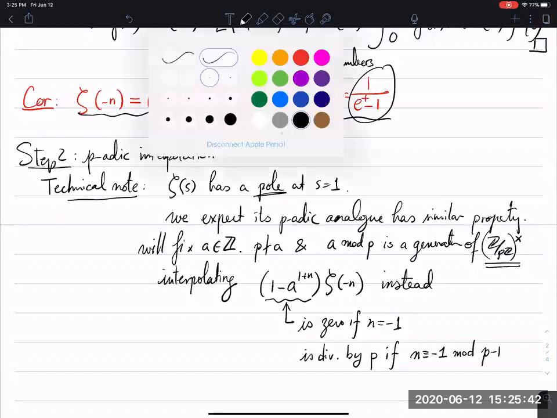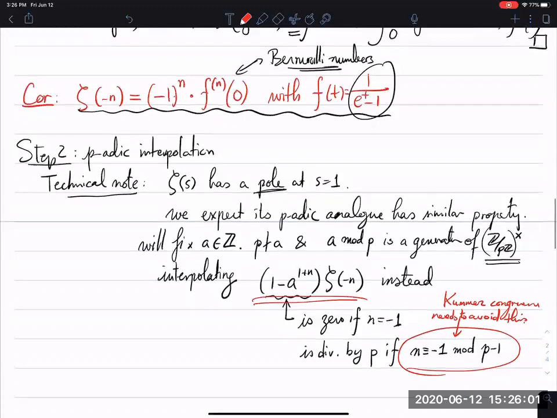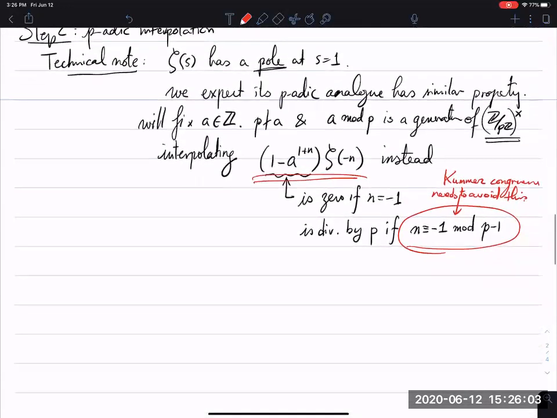So this is why in the Kummer congruence we have to avoid this. This is somehow why we need to do this. Okay, so now let's do the interpolation.